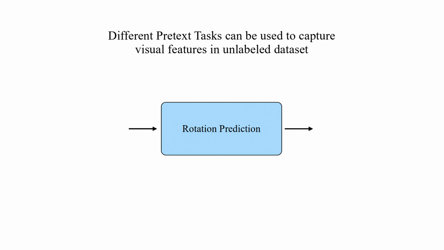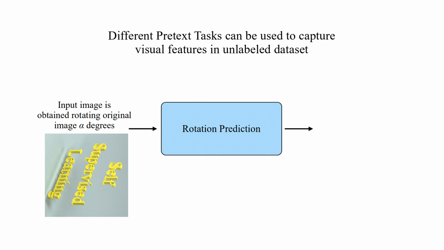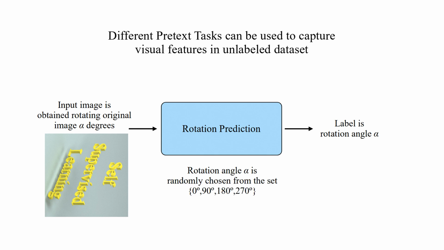In rotation prediction, input image is obtained rotating original image alpha degrees. Label is rotation angle alpha. And alpha is randomly chosen from this set.